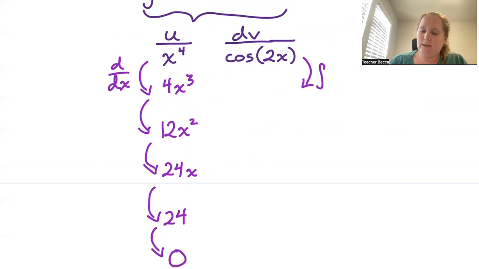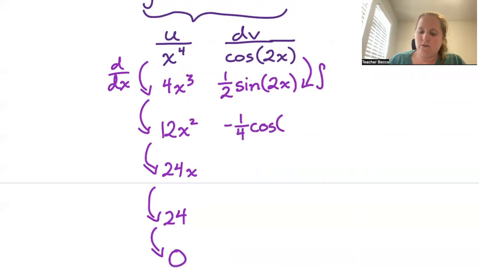So integral of cosine is sine. We have a sine of 2x, and of course, with u substitution or counteracting the chain rule, we need to do a 1/2 times. Integral of sine is negative cosine, so the next one we wind up with negative 1/4 cosine 2x.